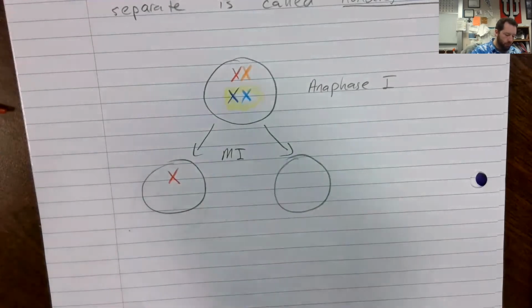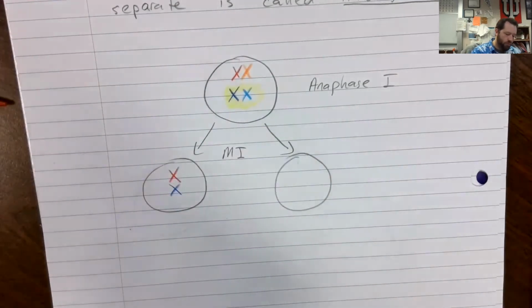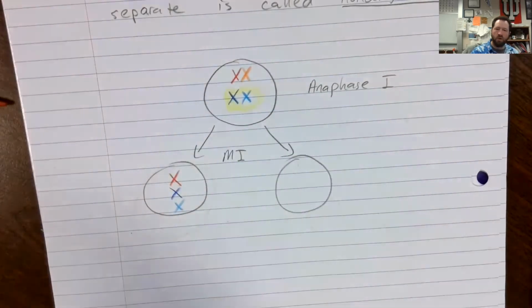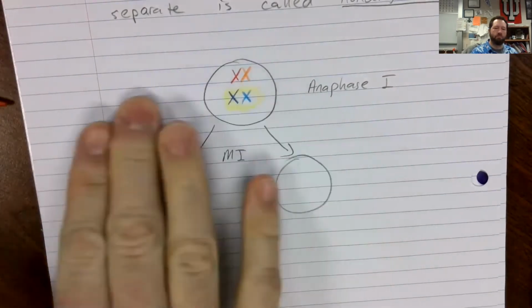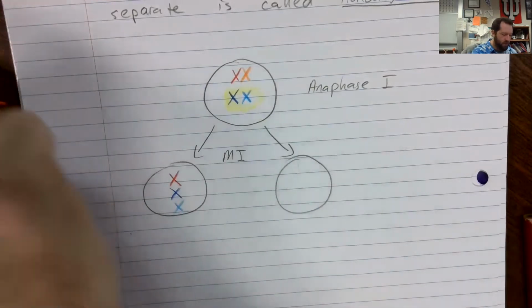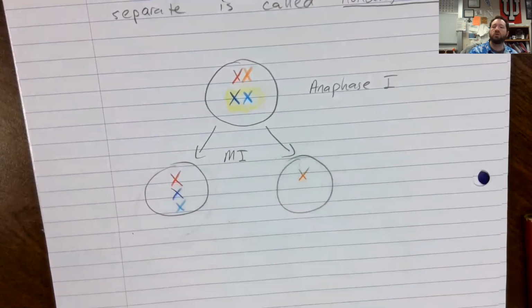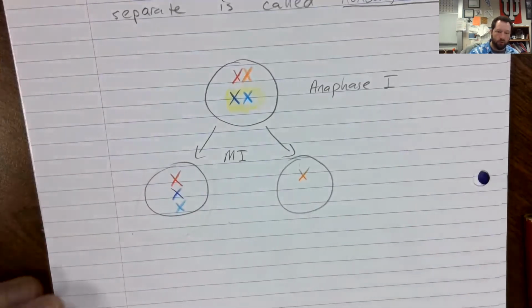And now you end up with both your dark chromosome and your light chromosome over here in this half. Those blue homologous pairs, they both got pulled in the same direction. And over here, we've got an extra chromosome on this side, and we have one too few chromosomes over here.